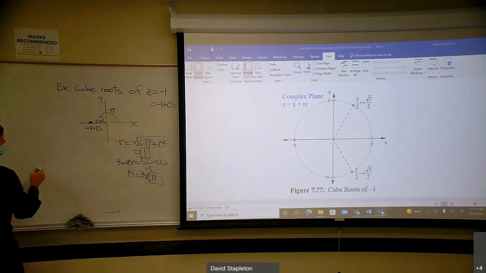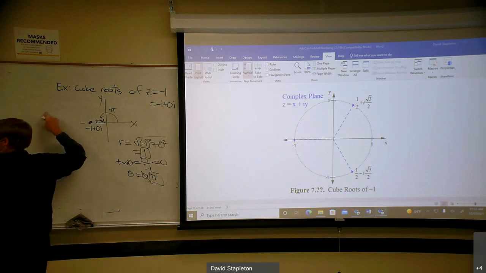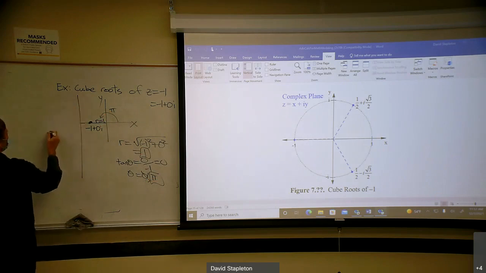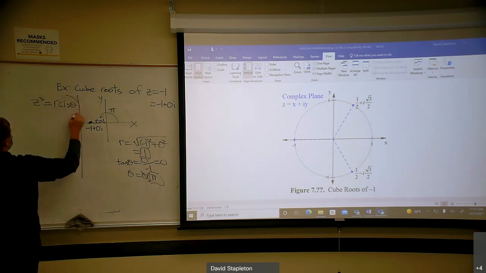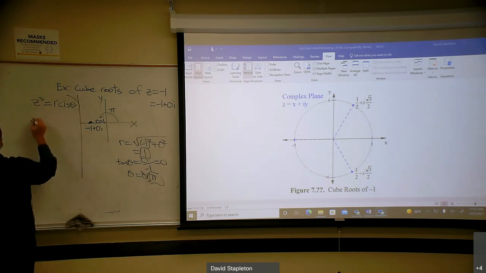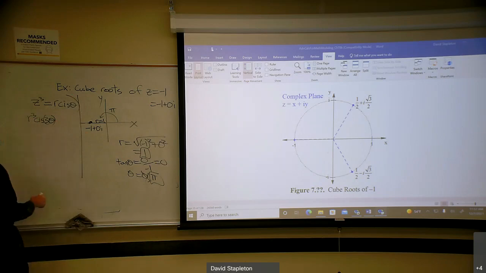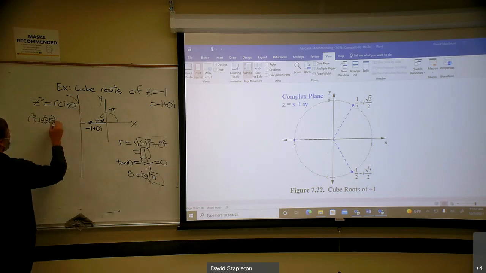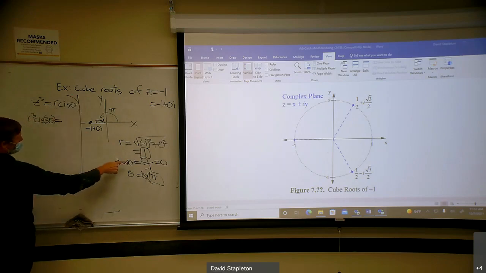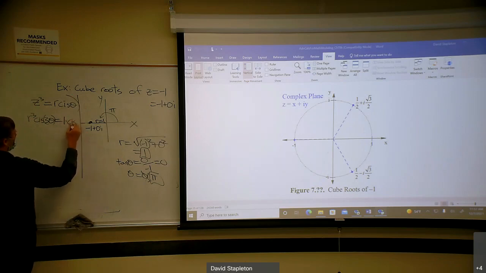So what we do is similarly in this problem: we want z cubed to get the cube roots equal to r cis theta for the number whose cube roots I'm trying to find. Well, z cubed by De Moivre's theorem is r cubed cis 3 theta, where r and theta are the values for the polar form of the cube roots, equals r cis theta for this one, where r is 1.